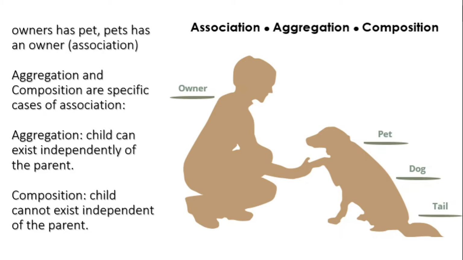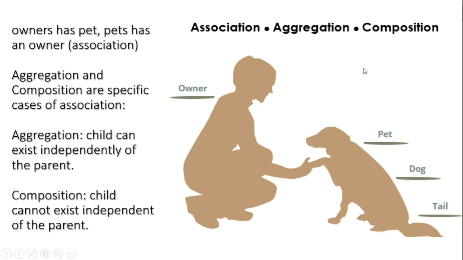When the parent is destroyed, the child will be destroyed as well. That's the relationship between the parent class and the child class, and that's a composition case. Again, when you destroy the parent, the child will be destroyed as well.